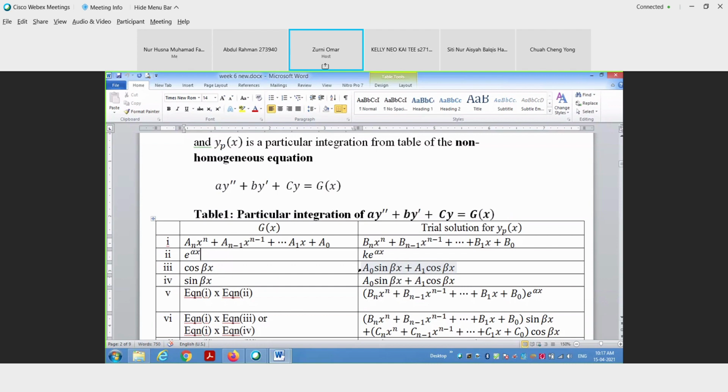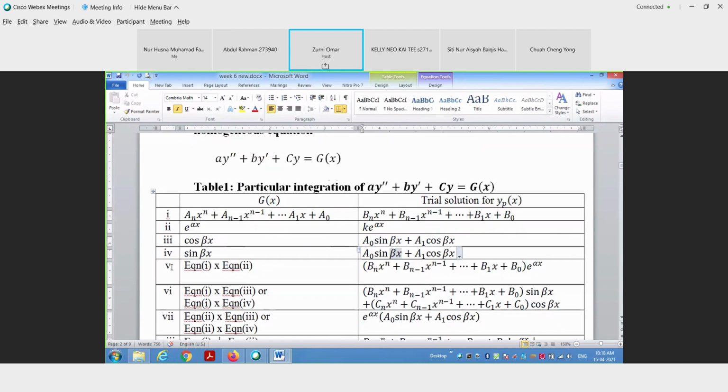You should consider a_0 sin beta x plus a_1 cos beta x. So when you have cos or sin, yp is the same. We cannot separate cos and sin. Why? Because if we differentiate cos, we get minus sin. If we differentiate sin, we have minus cos, and that's why we cannot. They come together, sin and cos come together.